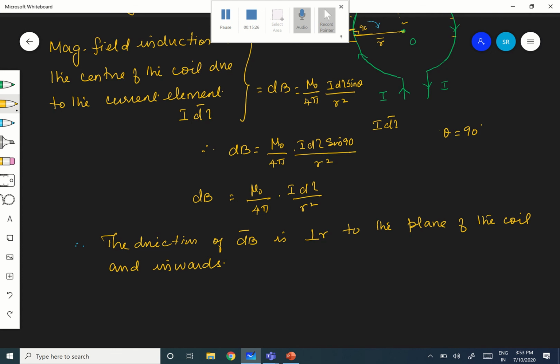Therefore, the magnetic field induction.